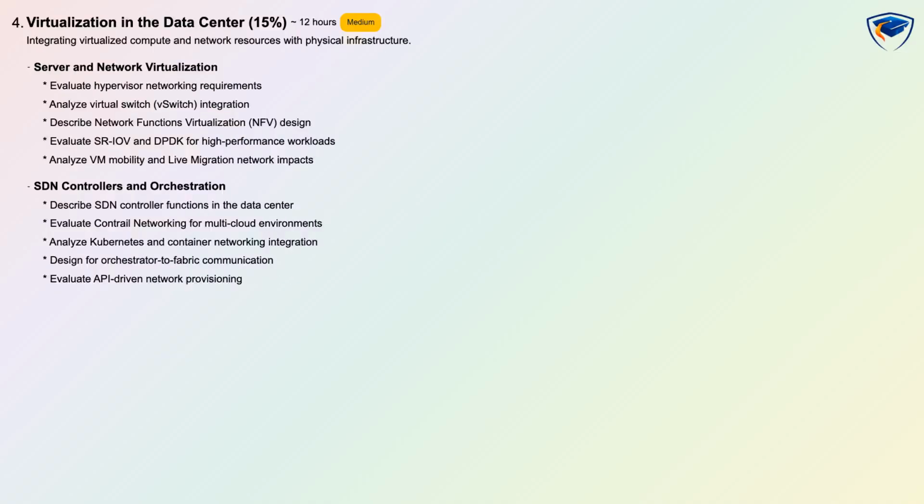Virtualization in the data center is 15%, medium difficulty, with about 12 hours of study and a mix of conceptual and scenario-based questions on integrating virtual and physical infrastructure. You will evaluate hypervisor networking, vSwitch integration, NFV design, SR-IOV and DPDK for high-performance workloads, and the network impacts of VM mobility and live migration.